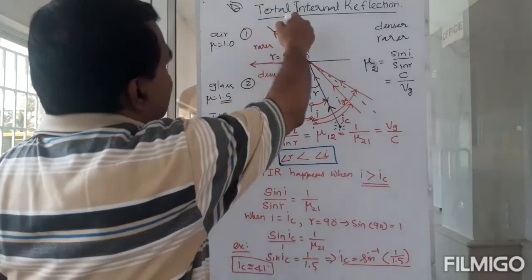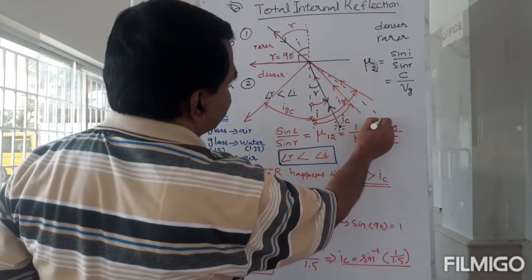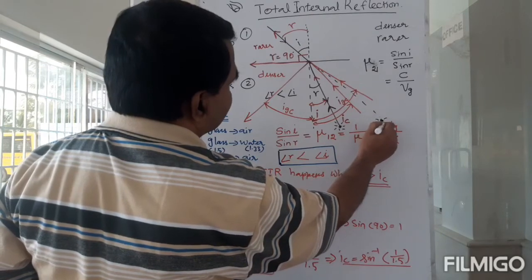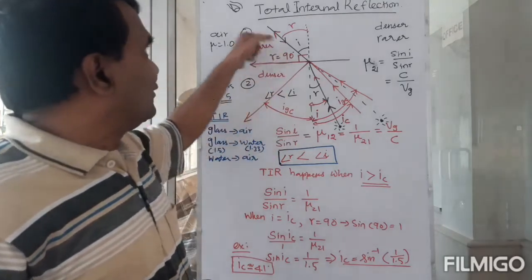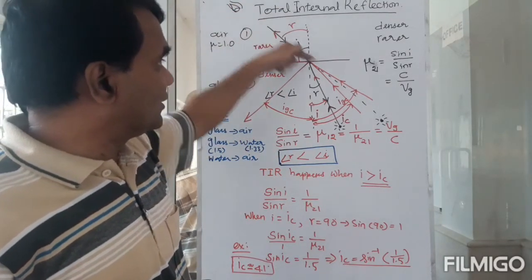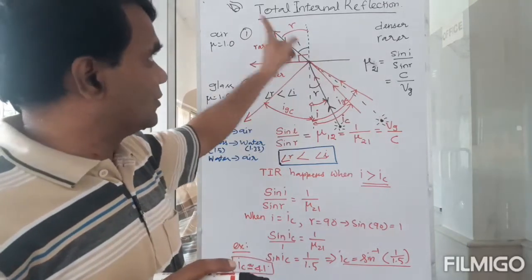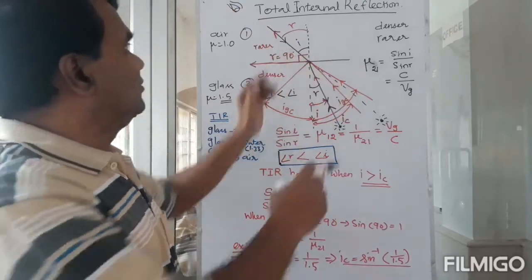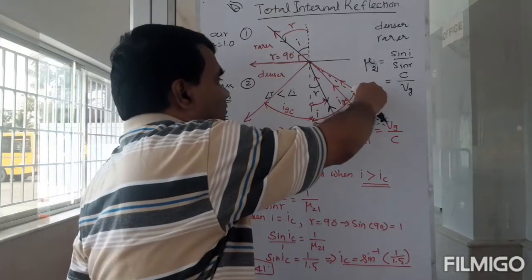So you would think that the source is here. When you see things at this angle, you will think that the source is actually here. But the source is not there. That's how it will appear to you, because for you this is a straight line. The straight line will go and it will be here.